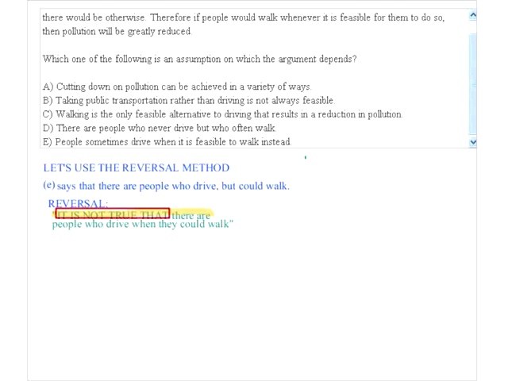So if it is not true that there are such people, then that means there are not such people. So the reversal is therefore, there is nobody who drives when they can walk instead.